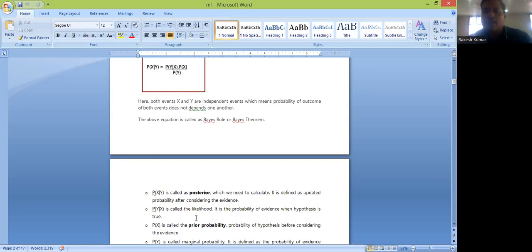P of Y by X is called the likelihood. It is the probability of the evidence when the hypothesis is true. So how do we say the hypothesis is true? Here we are imagining the future. For example, in future we will have robotic teachers, so we can say that it is true.